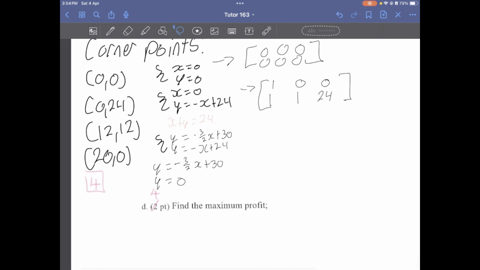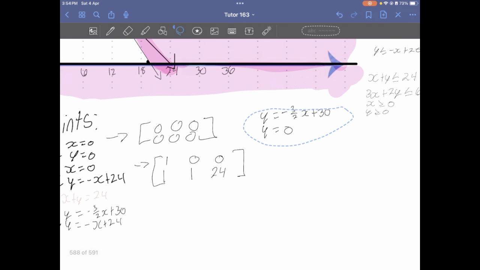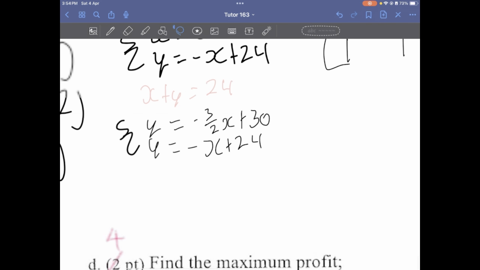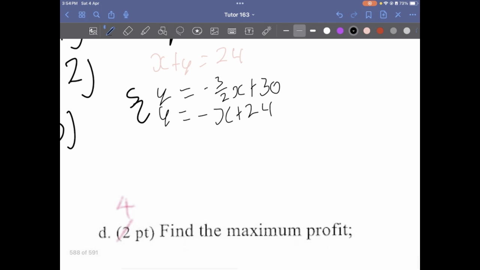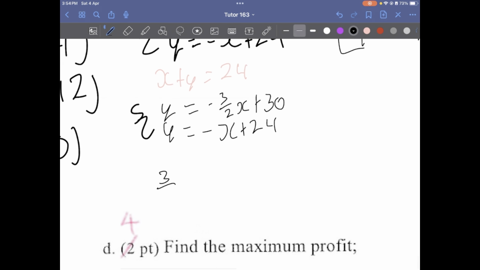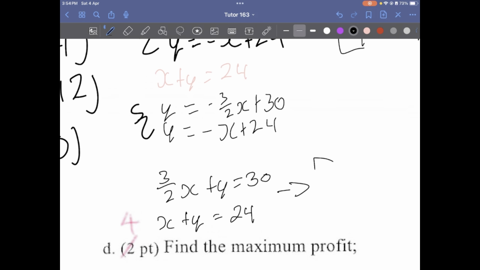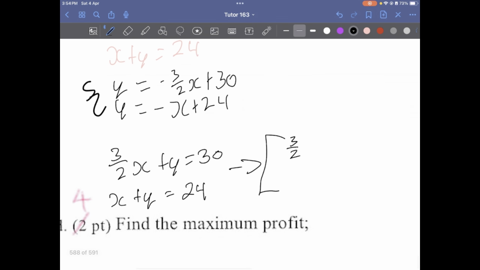Next, again, we have to move this down here. We want to put all x's on one side. So the first one would be 3 over 2 x plus y is equal to 30. Next one will be x plus y is equal to 24. Put it in our box. That's 3 over 2, 1, 30, 1, 1, 24.